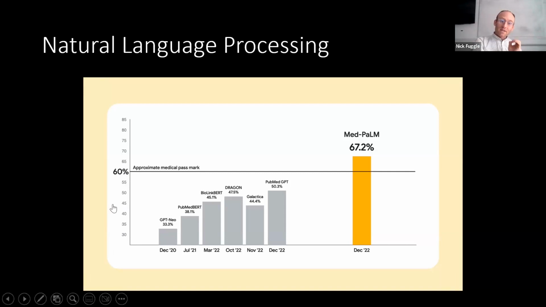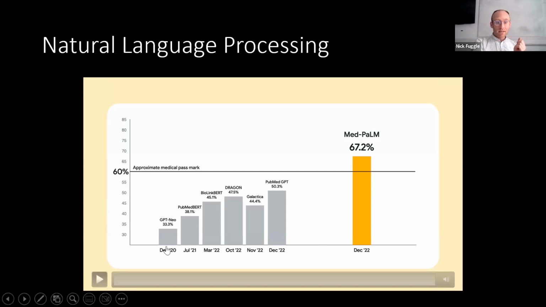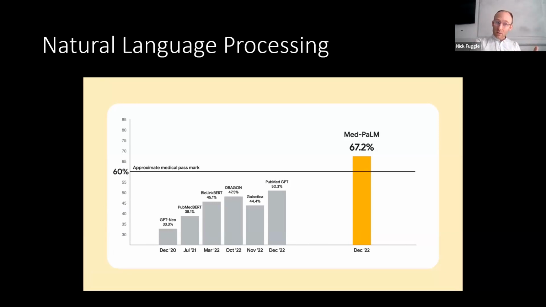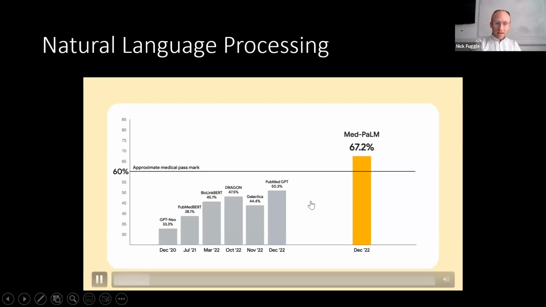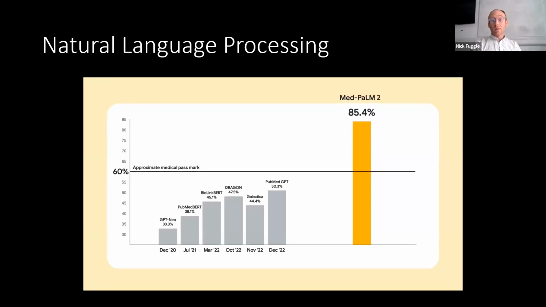The performance has improved over the last 2.5 years, from getting about a third of questions right to, in December 2022, getting about 2/3 of questions right, and importantly crossing the threshold for a pass mark, which is set at about 60%. And even more recently, MedPalm 2 improved its performance up to 85%. So we can see that these large language models are very good at holding medical knowledge.